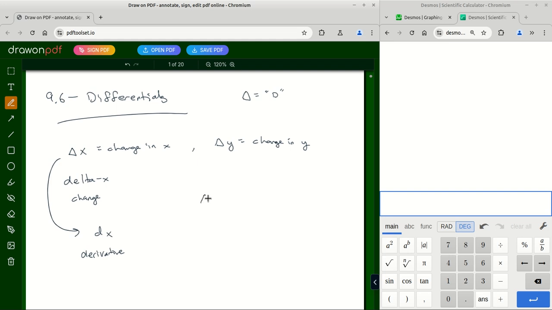So when you see a delta, it's kind of like saying d for derivative. If you see delta x, it's kind of like saying dx. One of the problems coming up is going to say delta y divided by delta x, and so they're basically saying dy dx, which we already know is y prime. That's my regular old derivative.